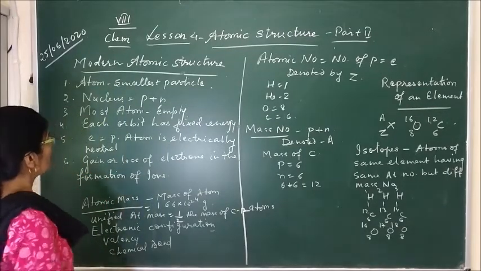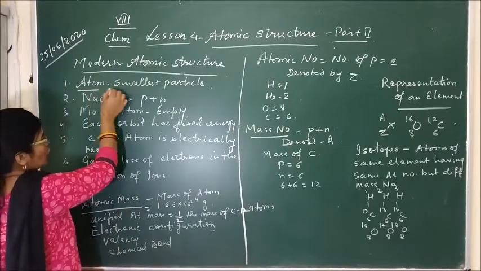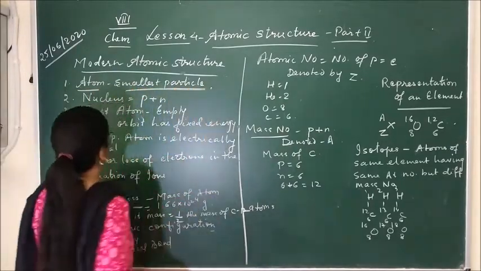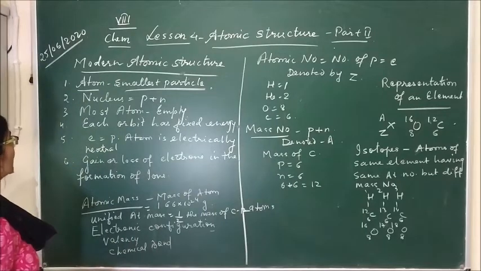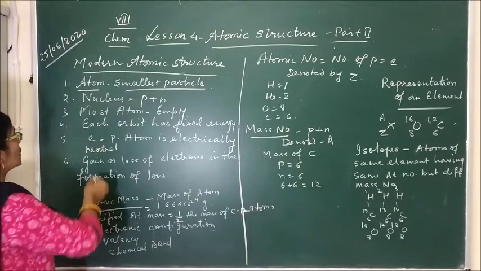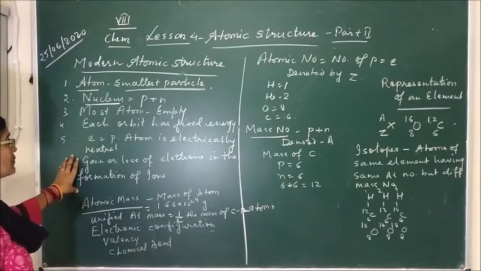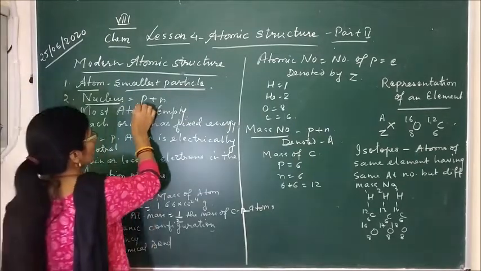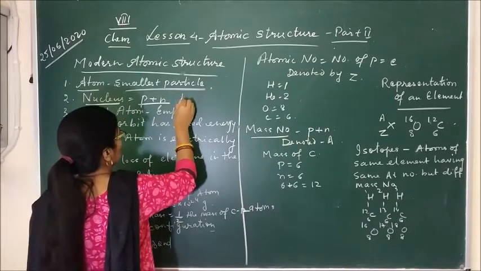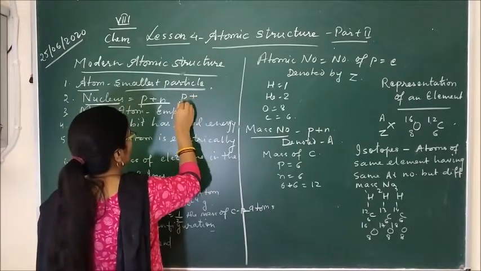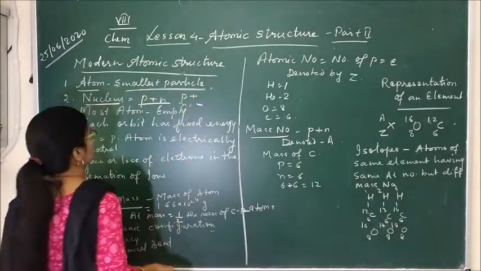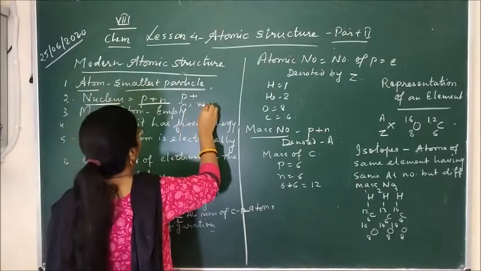So in the modern atomic model, we all know that the atom is the smallest particle of any matter. In this model, it is also said that the nucleus which is present in the atom consists of protons and neutrons. Protons are positively charged and neutrons are neutral.